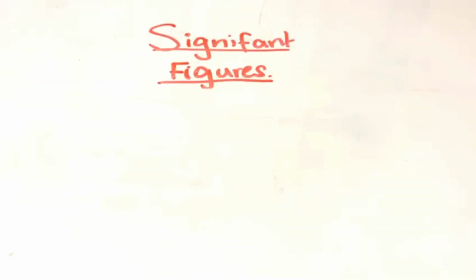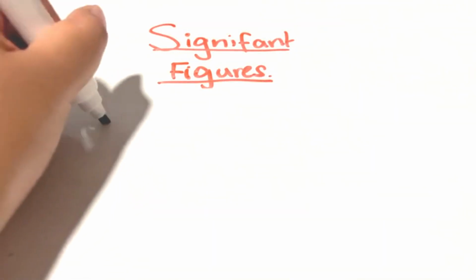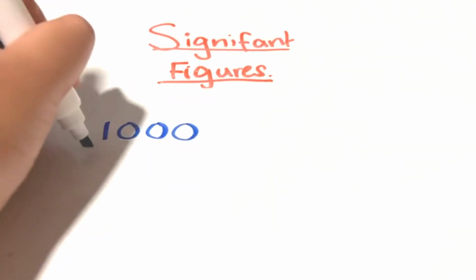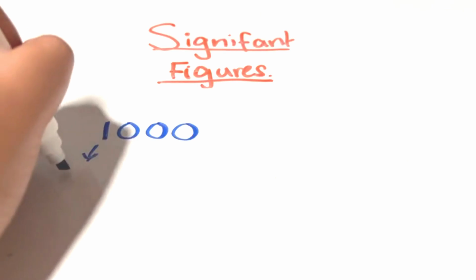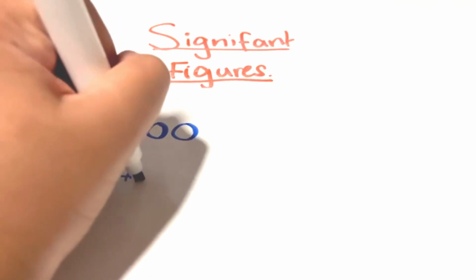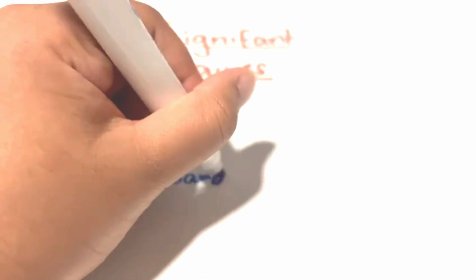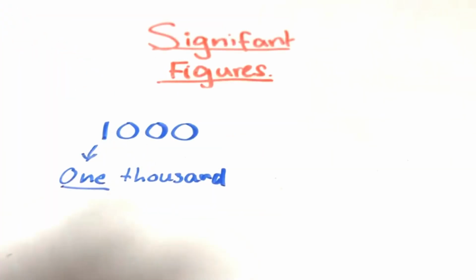Now let's look at the second case. For example, if we had a number like 1000, this one tells us that it is 1000, right? So when we write this out, 1 is the number that tells us the value of this 1000.